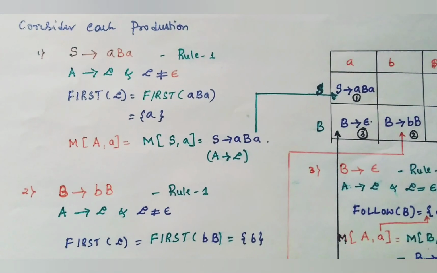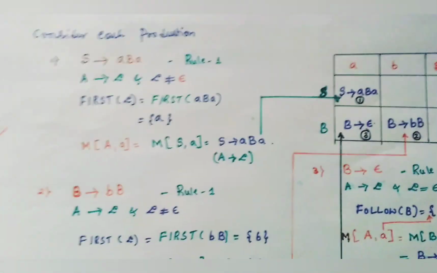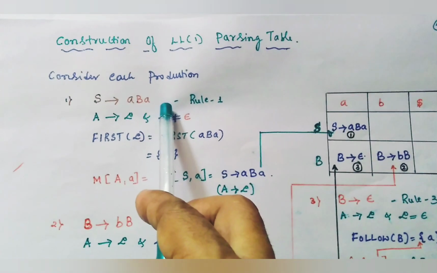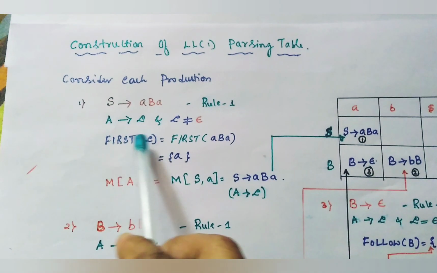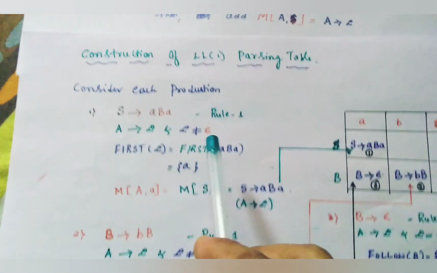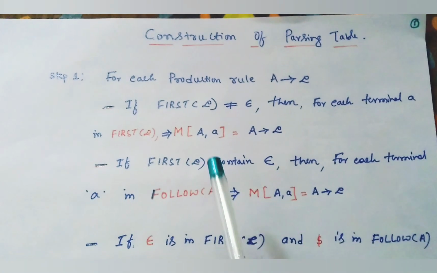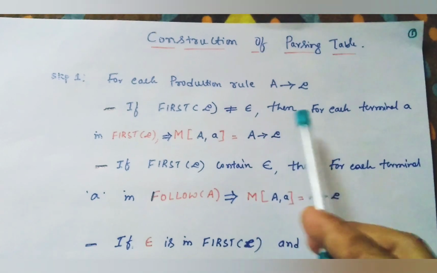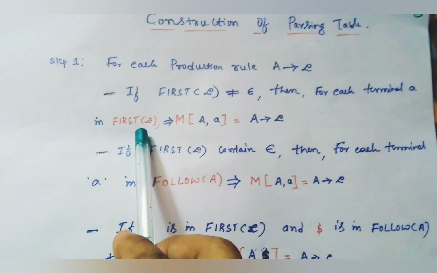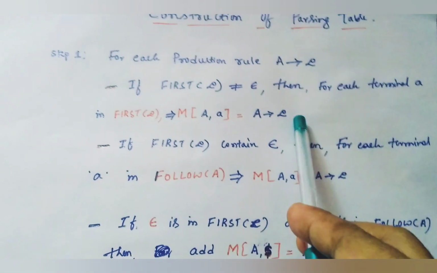To construct a parsing table, consider each rule from the given grammar. The first rule says S tends to ABA, which is of the form A tends to alpha and alpha is not equal to epsilon. Rule 1 says that if first of alpha is not equal to epsilon, then for each terminal a in first of alpha, make an entry M of A comma a is equal to A tends to alpha.